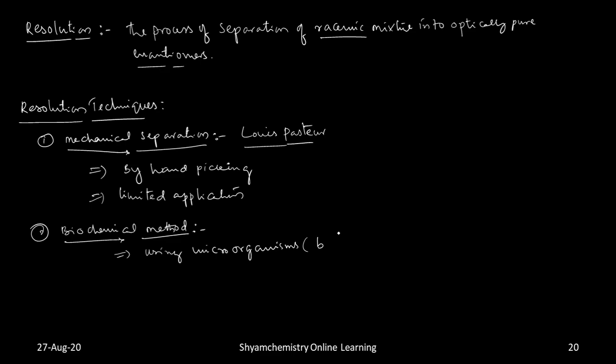Whether it is bacteria or fungi, fungi meaning yeast and penicillium, by using these microorganisms we can separate enantiomers from the racemic mixture.